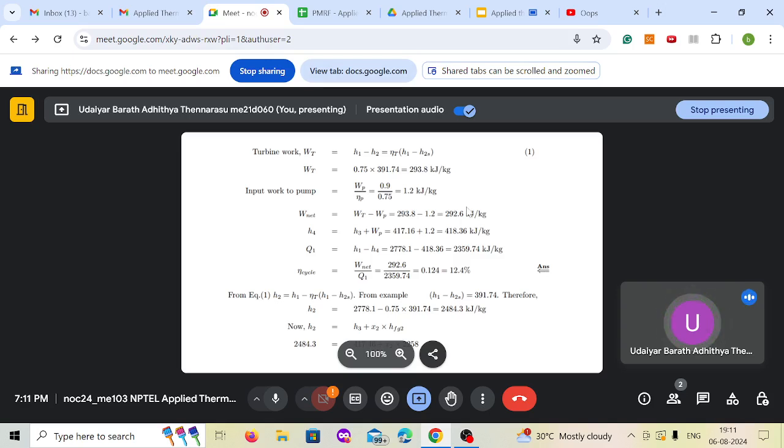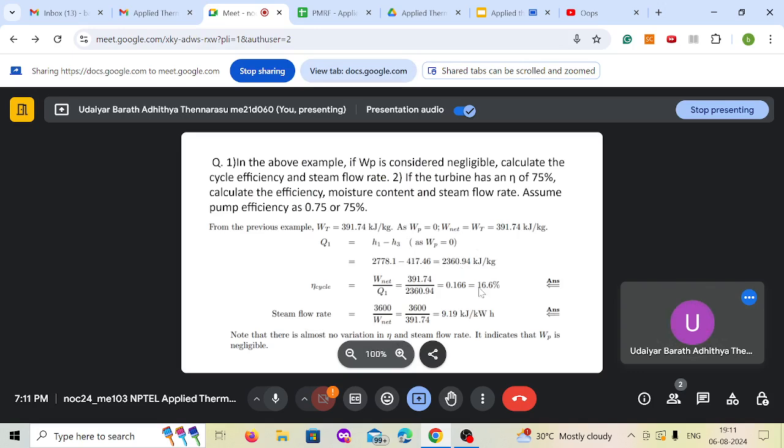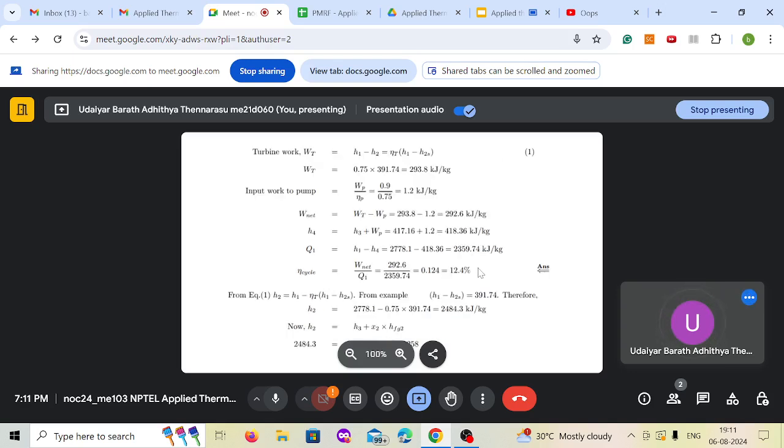If you see here, the heat addition is reduced slightly compared to the previous one. Previously you supplied 2360.94 kilojoule per kg, and here it is 2359.74. This is because the additional work you are putting into the pump increases the enthalpy of the water at the exit of the pump.